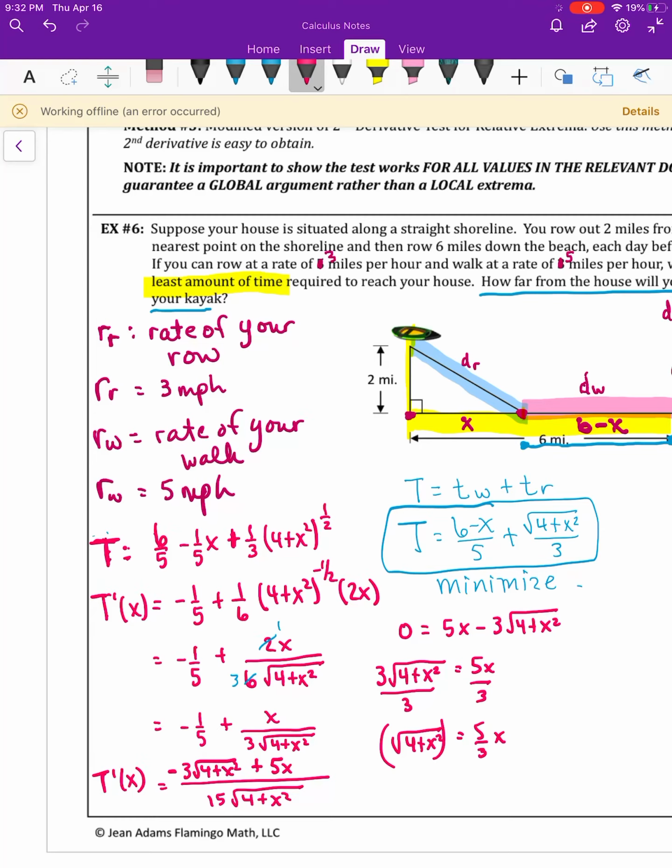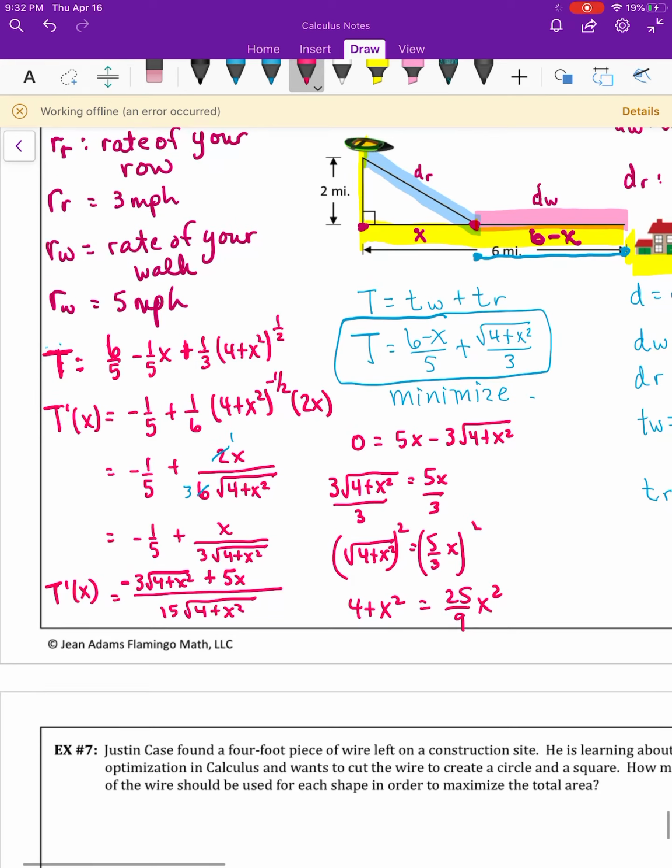I'm going to bring that negative over, add that to both sides, divide by 3, and then square both sides.